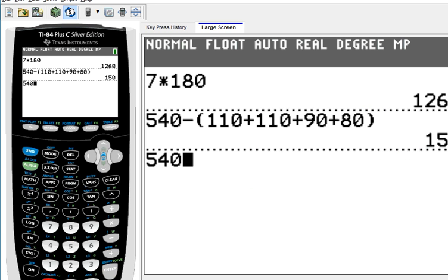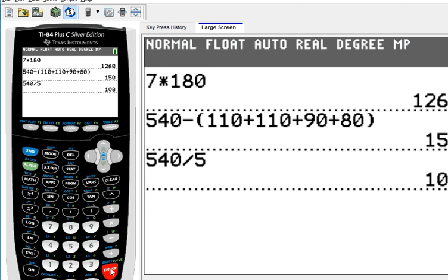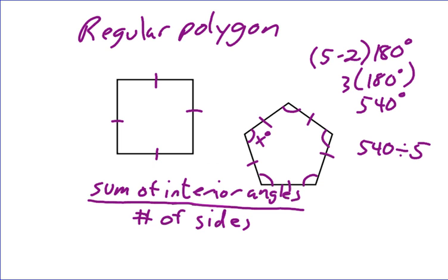So 540 degrees divided by 5, we end up with each angle being 108 degrees. So x would be 108 degrees.